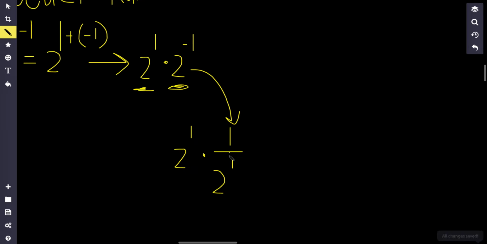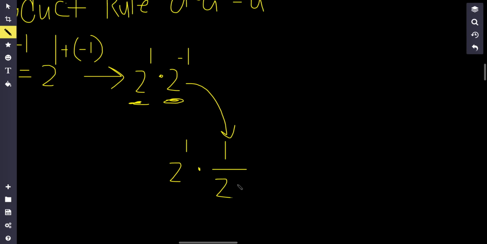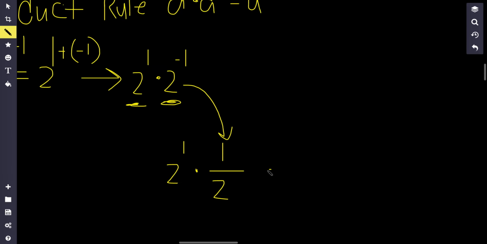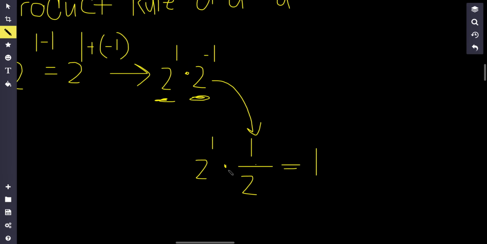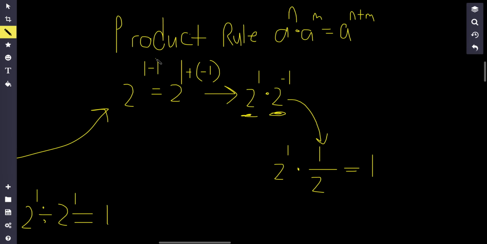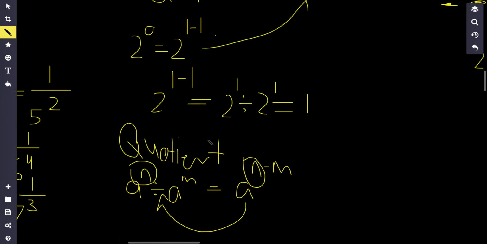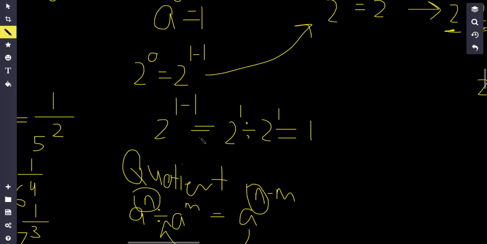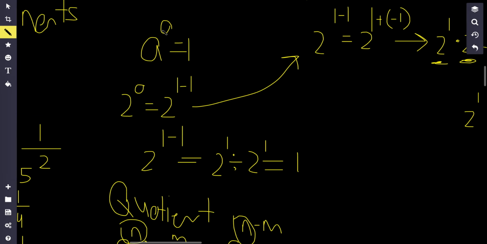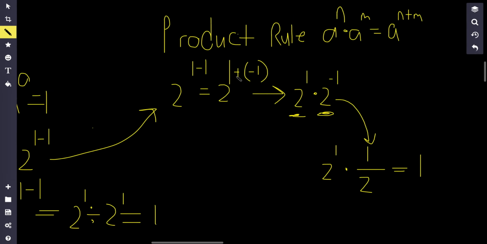So 1 over 2 to the first power, or just 1 over 2. And 2 times 1 over 2 is equal to 1. So you see how we can use the product rule to prove that any number to the 0th power is equal to 1, or you can use the quotient rule to prove that any number to the 0th power is equal to 1. So that's pretty cool.